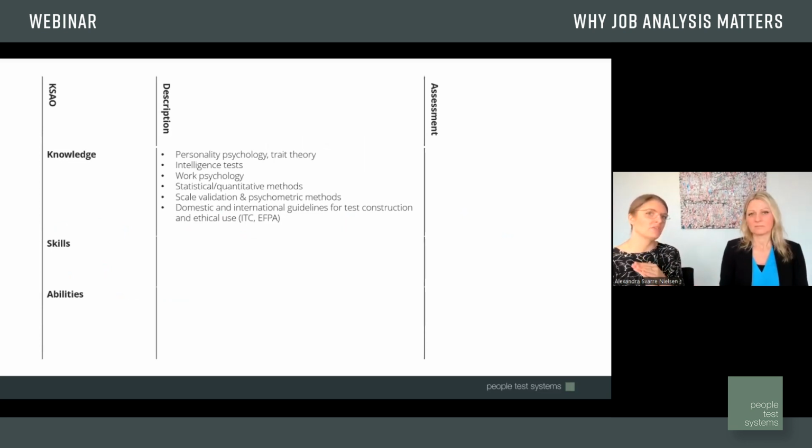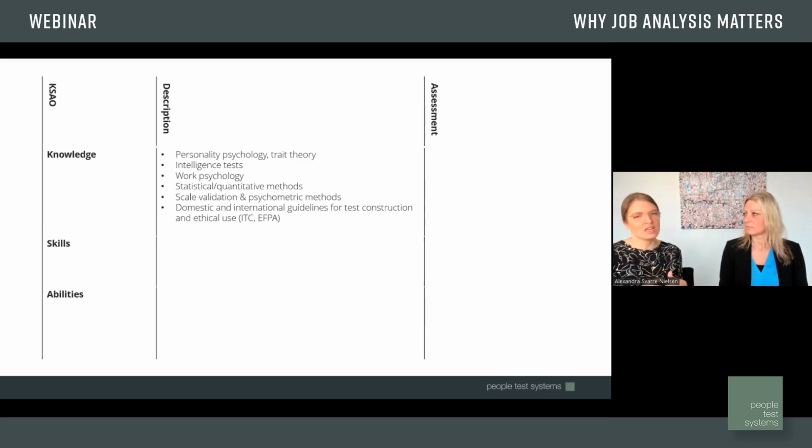But also, if I had to consider the supplementary versus the complementary fit here, I would say that I would highlight work psychology, but also the quantitative methods, because the other parts, I think that we could teach the person.